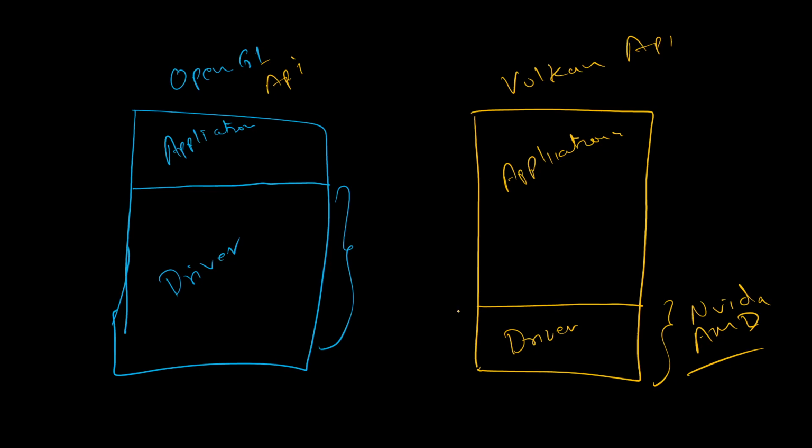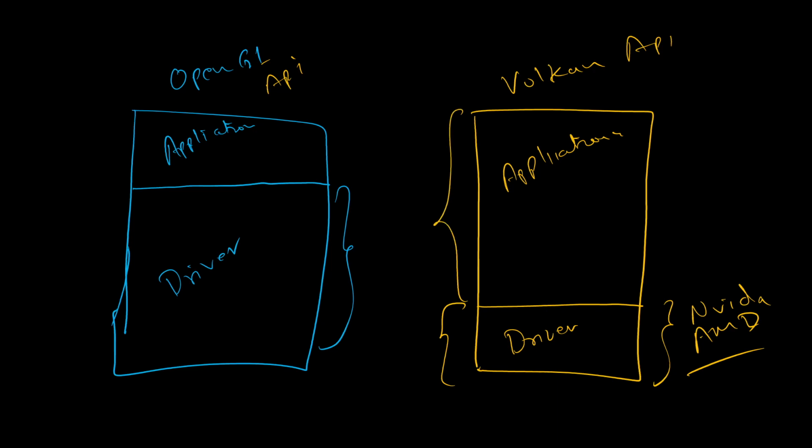They need to release a very thin API, and they can make very frequent releases for Vulkan. Whereas in OpenGL, since the driver is fat, it's not easy to release the APIs. It takes a lot of time. At the same time, you need to write very small code in OpenGL, whereas the Vulkan code is a lot more.